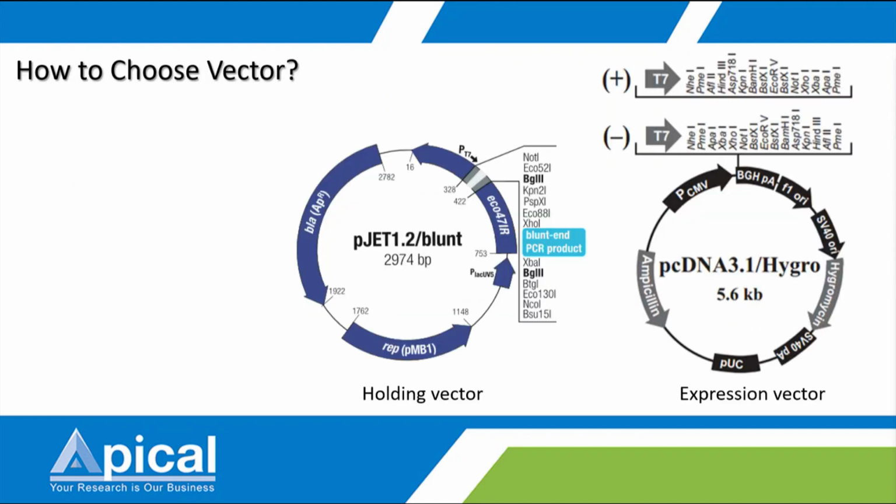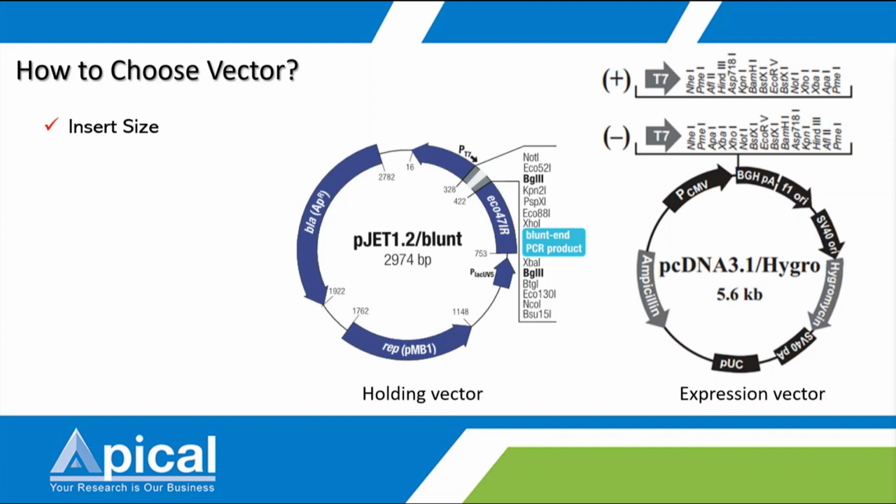So before you start your cloning study, you will need to decide on the vector to be used. But how to choose the vector that is suitable for your study? Here are some tips. First, to choose the vector, you need to consider the insert size.